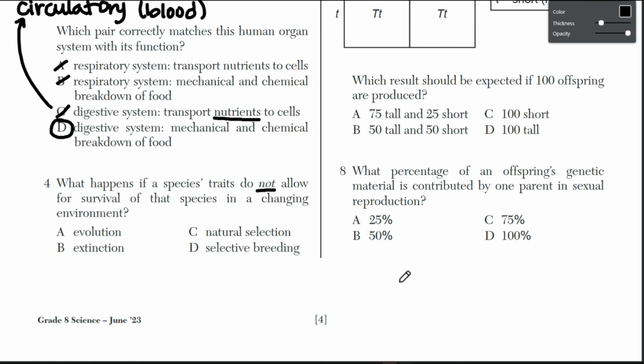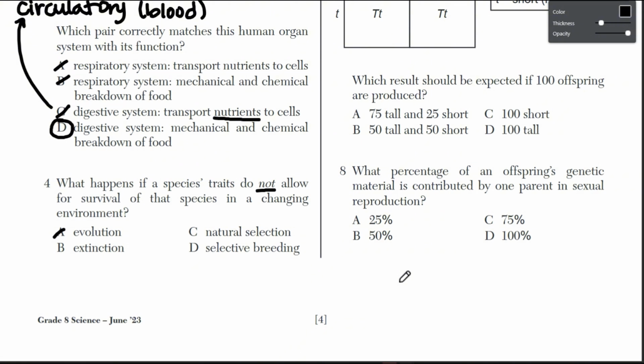It's not going to have an evolution. So for that reason, A cannot be correct. B, extinction. Well, if we have traits that don't allow for survival, extinction's definitely a possibility, so we'll keep that one available.